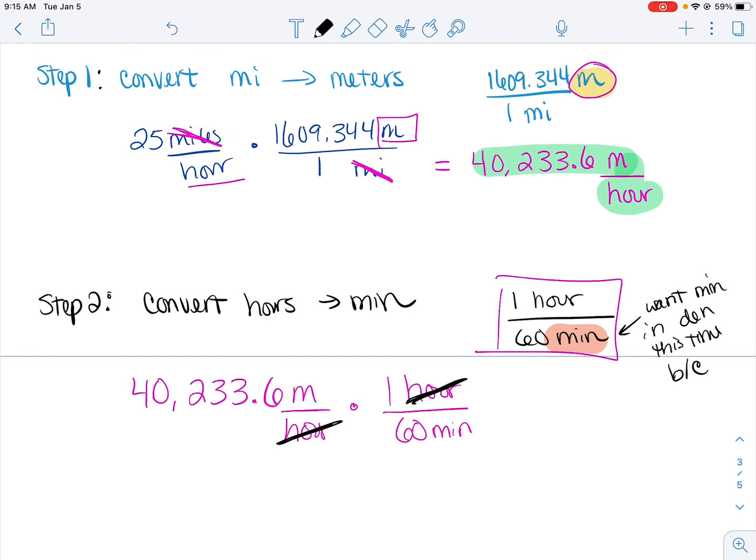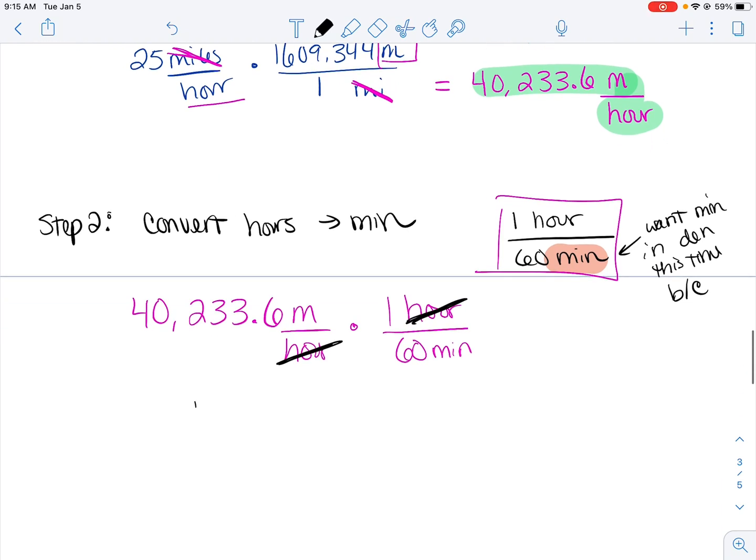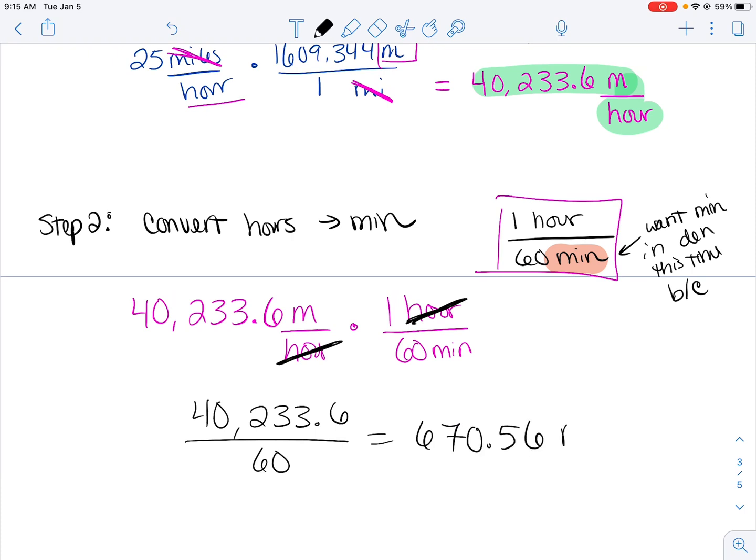But now because 60 is in the denominator, now we have to divide. So it's 40,233.6 divided by 60. That would be 670.56. And again, meters in the top, minutes in the denominator. It's really important that you guys try and also think about, does this answer make sense, right?